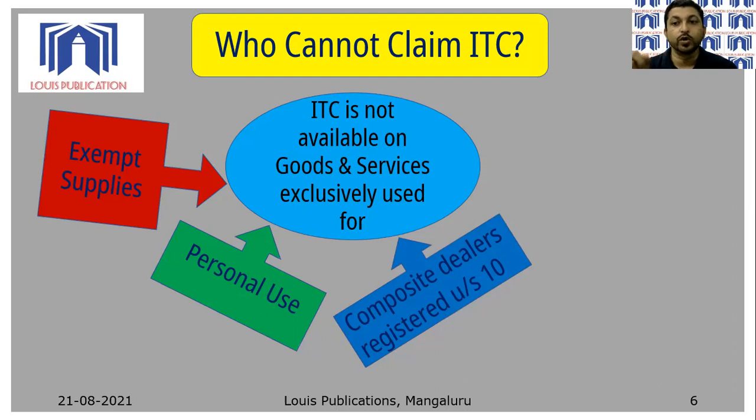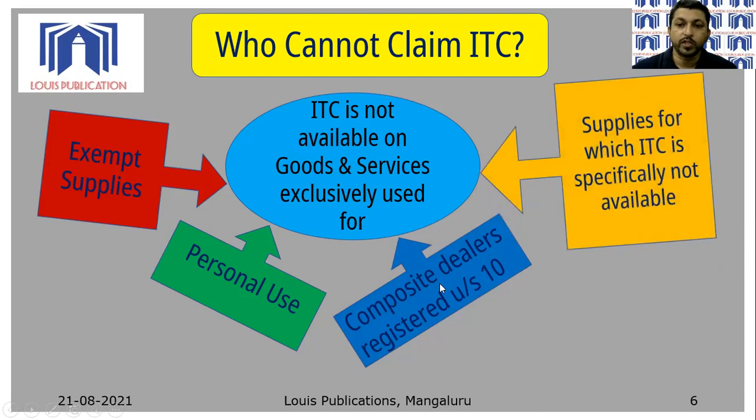They cannot issue tax invoice. They are supposed to issue bill of supply only. So the point is very clear. If a supplier is registered under Section 10, that is under the composition scheme, a composite dealer cannot claim input tax credit. Remember this.